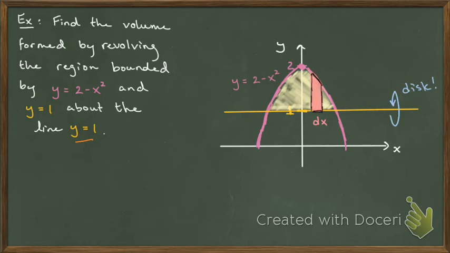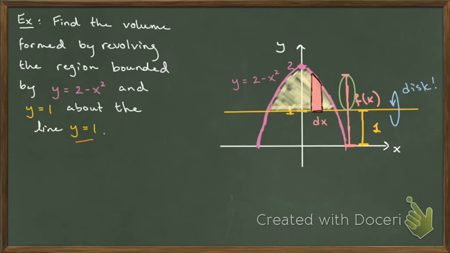The height of my function is the height from the x-axis to my curve, right? Not just the height of that disk or that slice, but the height of the function goes up to the function from the x-axis. The height of the line y equals 1 is 1. It's 1 unit up, right? What I'm looking for is actually the remainder that I get from subtracting those two.